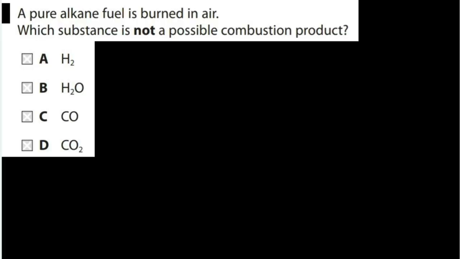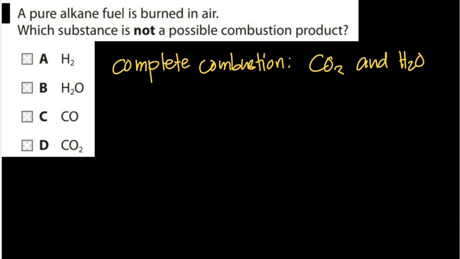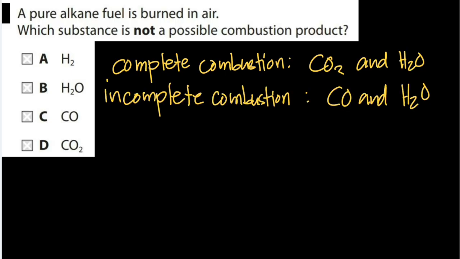A pure alkane fuel is burned in air. Which substance is not a possible combustion product? A. H2, B. H2O, C. CO, or D. Cl2. Now take note that when an alkane burns in air, the possible combustion products are, for complete combustion, carbon dioxide and water, and for incomplete combustion, carbon monoxide and water, and sometimes just carbon soot.